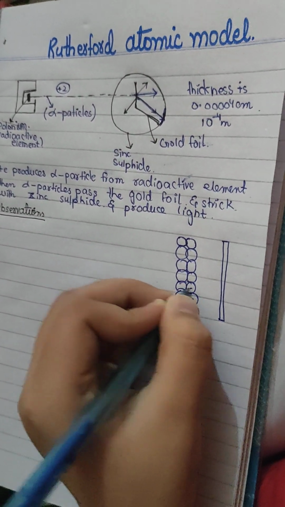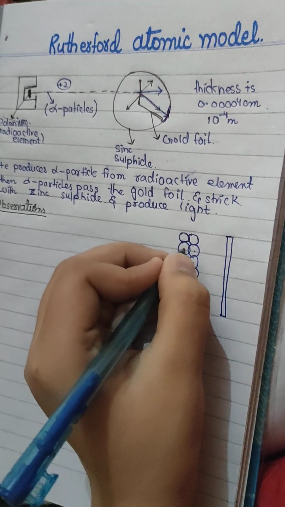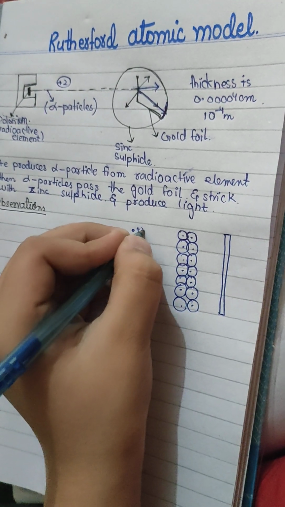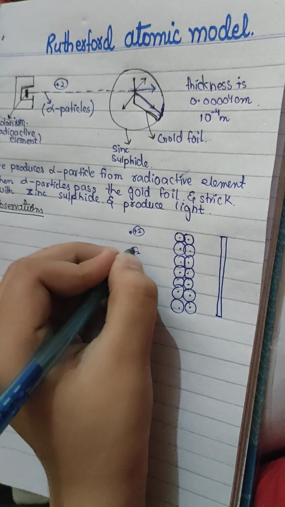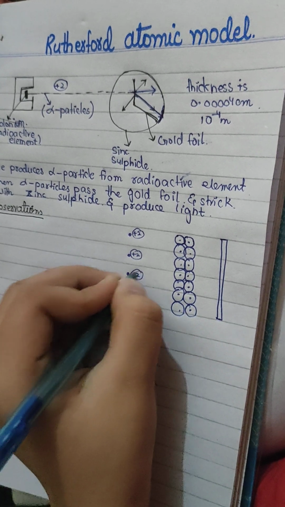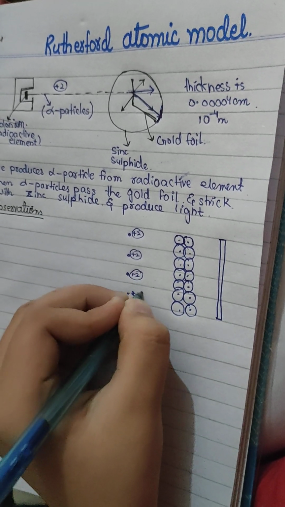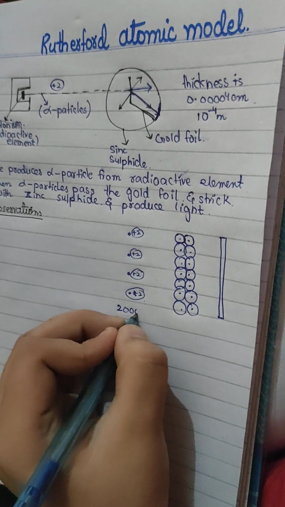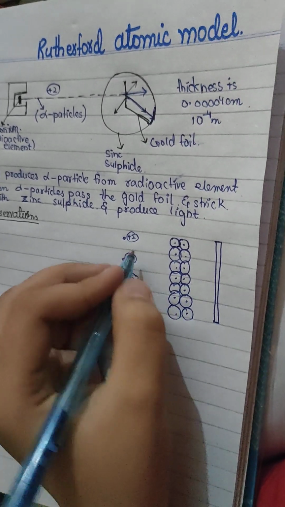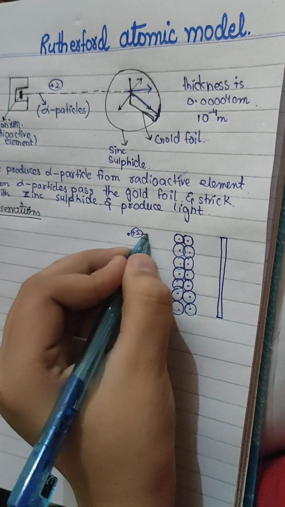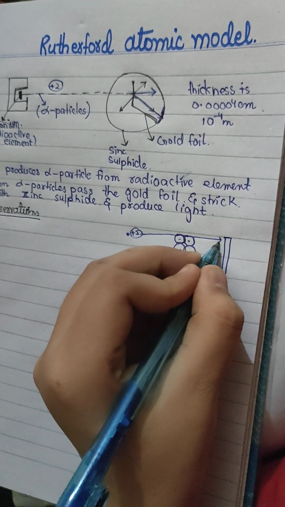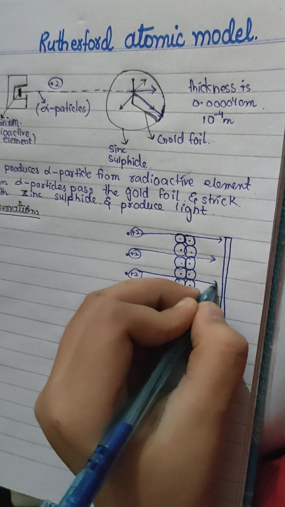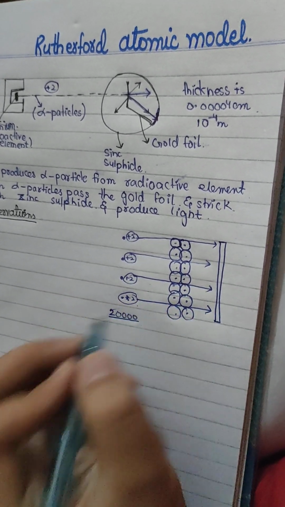And here he passed the positive 2 alpha particles. He passed a total of 20,000 alpha particles. When he passed them, these alpha particles move straight in the direction.